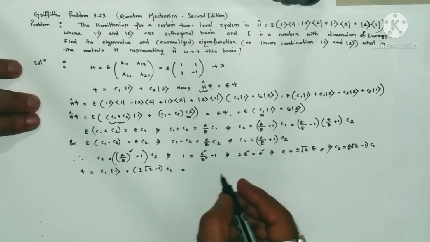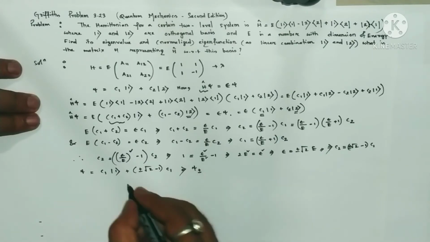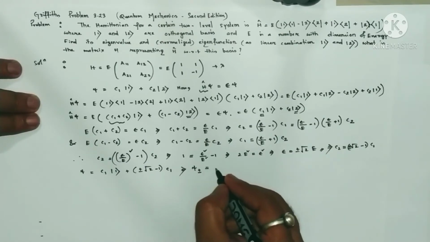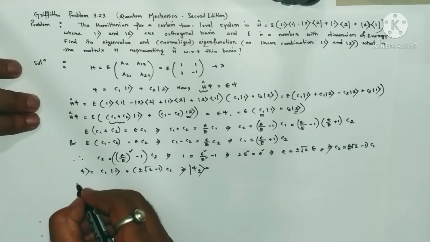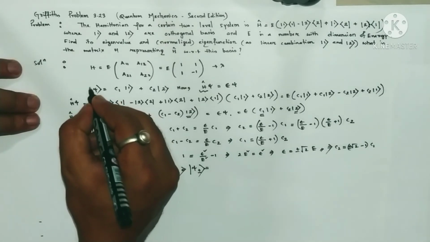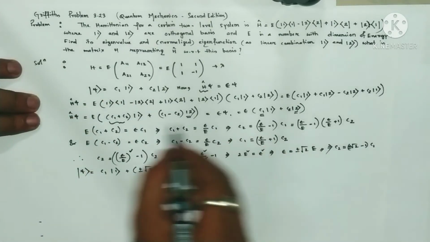So this gives, let me write it as psi plus minus, because there are two terms involved. Psi plus minus, the ket is important. So here also you can replace with ket.